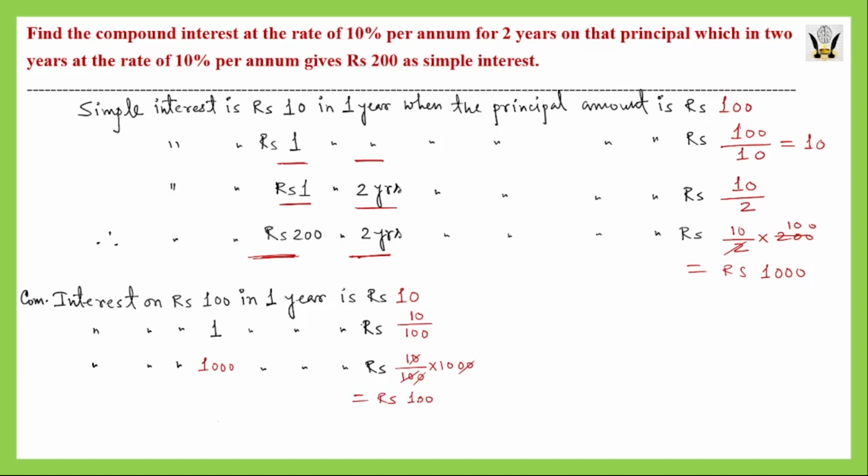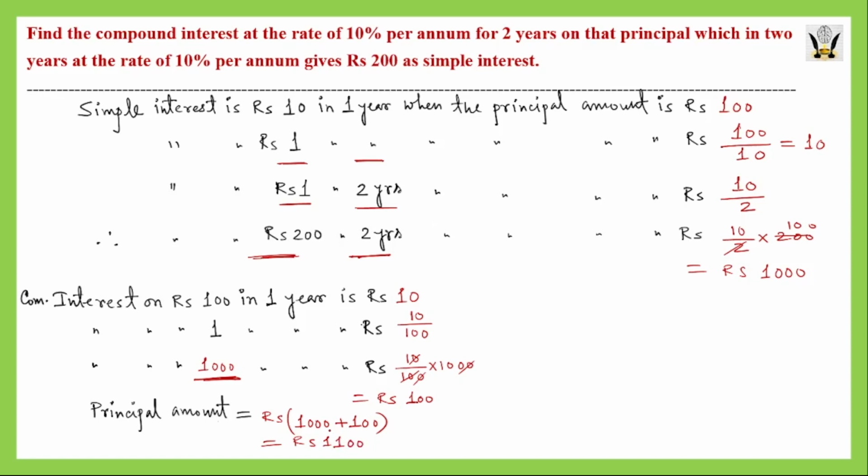Rupees 100 will be the interest after 1 year on this principal amount, which is rupees 1000. Now the revised principal amount will be how much? Initially the principal amount was 1000, and now the interest after 1 year is 100. So the revised principal amount will be rupees 1100.